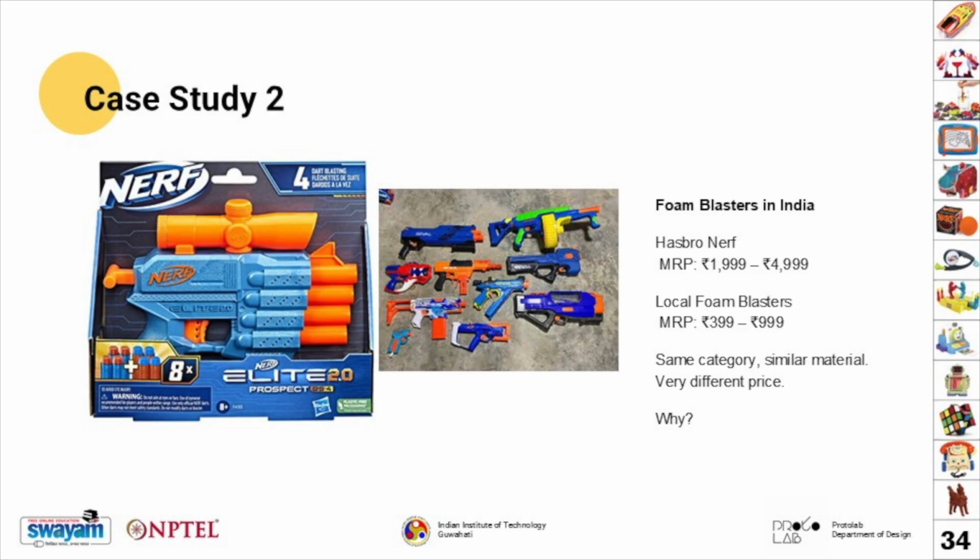Nerf products were positioned at premium price points, often retailing between rupees 1,999 and rupees 4,999. Soon after, smaller local manufacturers began offering visually similar foam blasters priced between rupees 399 and rupees 999, something like this.